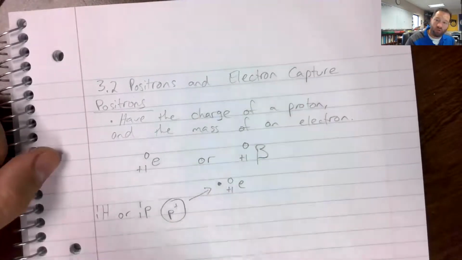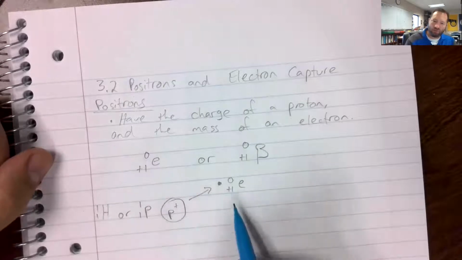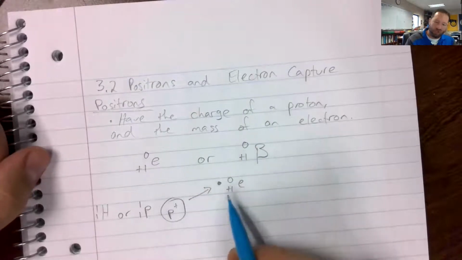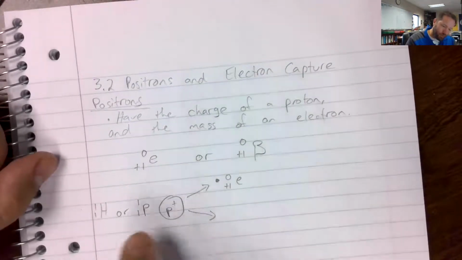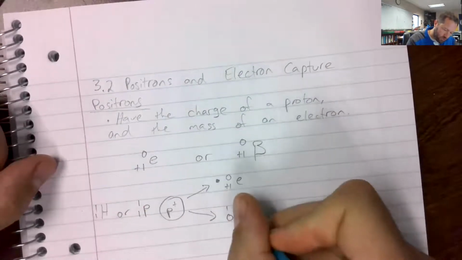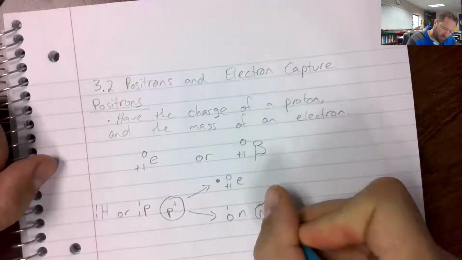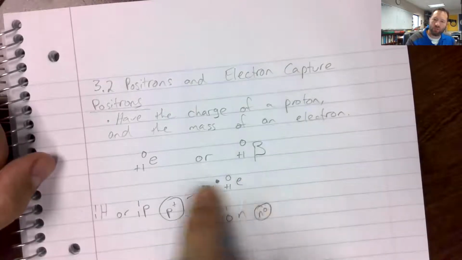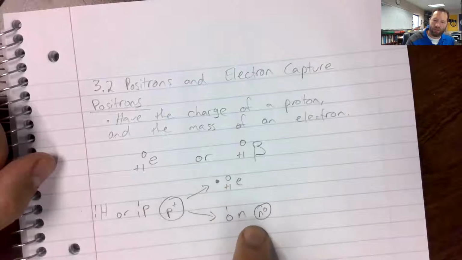It forms a positron. So there's the +1 charge. And you're doing the math, we've still got the mass, but the bottom number is gone. So 1/0 is a neutron. So it forms these 2 items, a positron and a neutron.